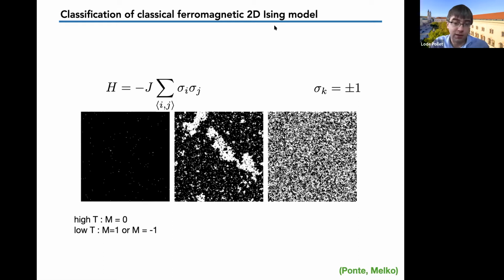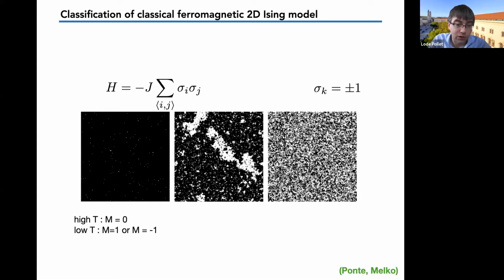So the 2D Ising model has a phase transition from a paramagnet to a ferromagnet, a Z2 transition, as a function of temperature. And what you see here in the plots are typical snapshots, say, from a Monte Carlo simulation. On the left, you see a ferromagnet.